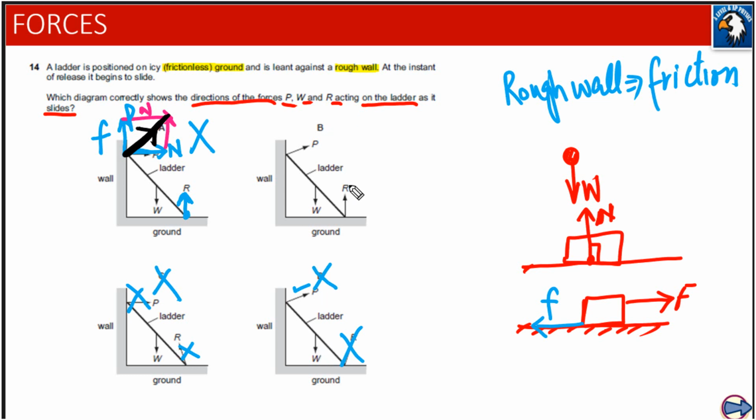Now if we look at B, you can see the direction of R, meaning the force on the ladder from the ground, is correct, the direction of P is also correct, and the direction of W is also correct. So this is our possible correct answer.